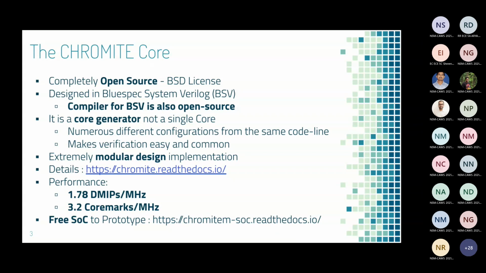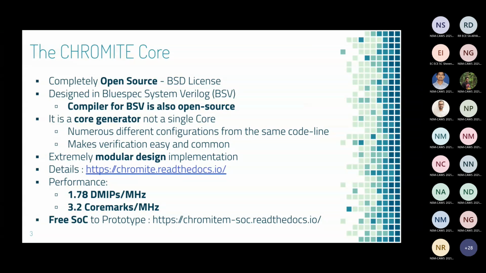All those options are available as a configuration. So from the same BlueSpec code line, you can now generate multiple different instances of a 6-stage core with varying performance, area, and power design points.